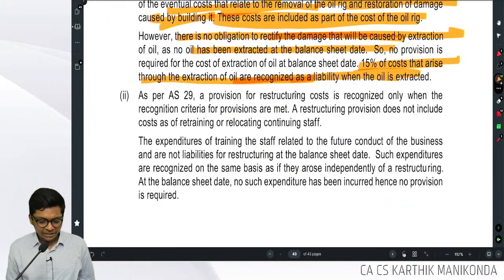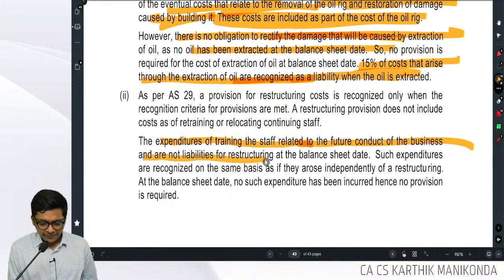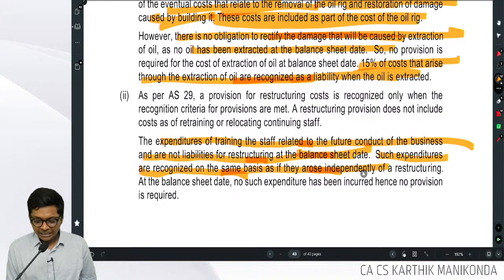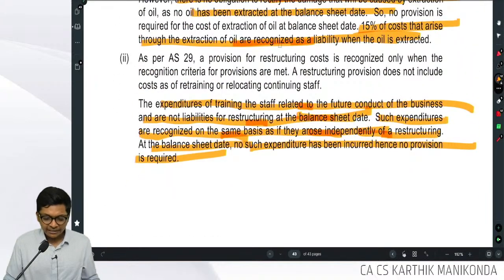Last one, if you look at this, the expenditure of training staff relates to the future contract, which I will definitely incur, but there are no liabilities for restructuring as on the balance sheet date. Such expenditures are recognized on the same basis as if they arose independently of a restructuring. As at the balance sheet date, no expenditure is incurred, so no provision has to be created.